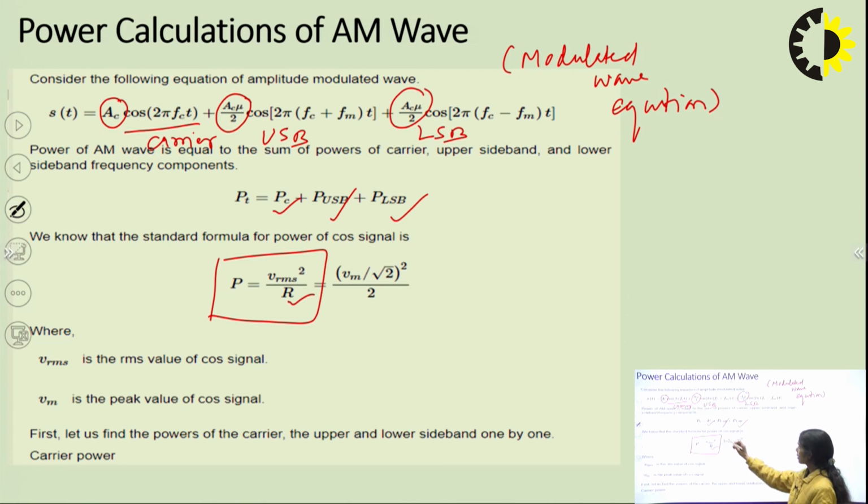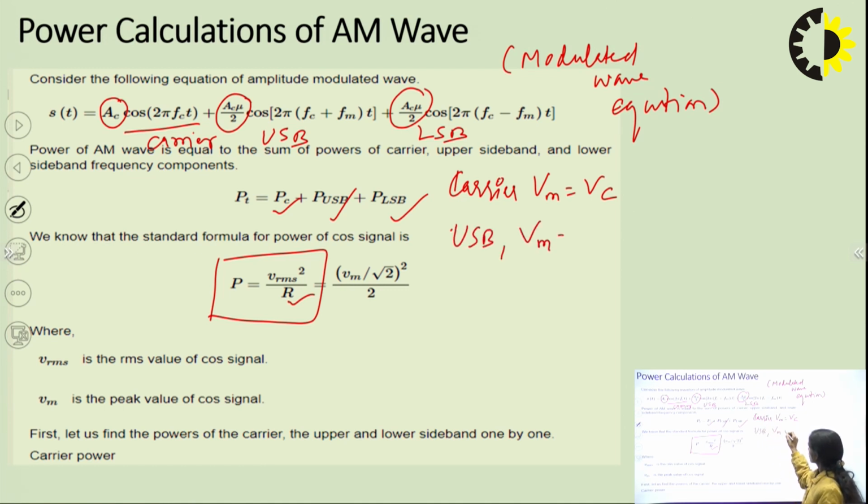In our case, for the carrier signal, we take Vm as Vc. For the upper sideband, Vm is taken as Ac mu divided by 2. For the lower sideband also, Vm is the same, that is Ac mu divided by 2.